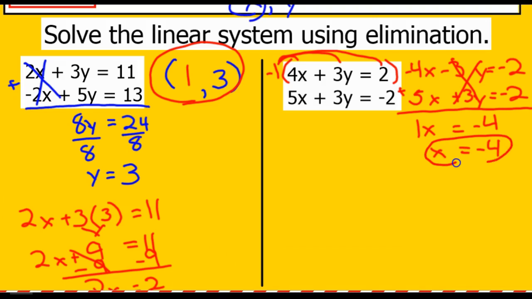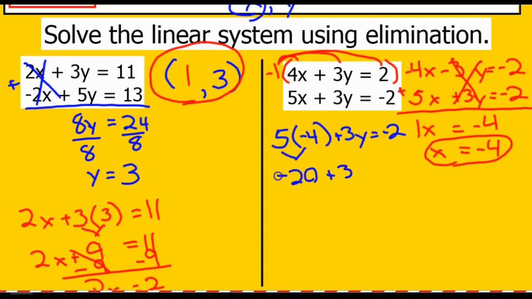If x equals negative 4, we can take that negative 4 and plug it into one of our equations. So we could plug it into this one here. So 5 times negative 4 plus 3y equals negative 2. 5 times a negative 4 is a negative 20, plus 3y equals negative 2. We're going to add 20 to get it over to the other side.